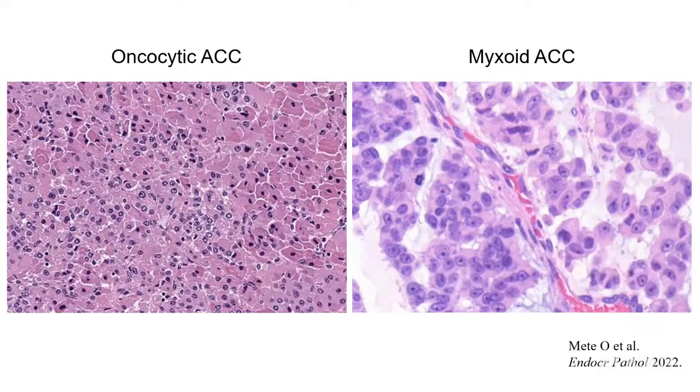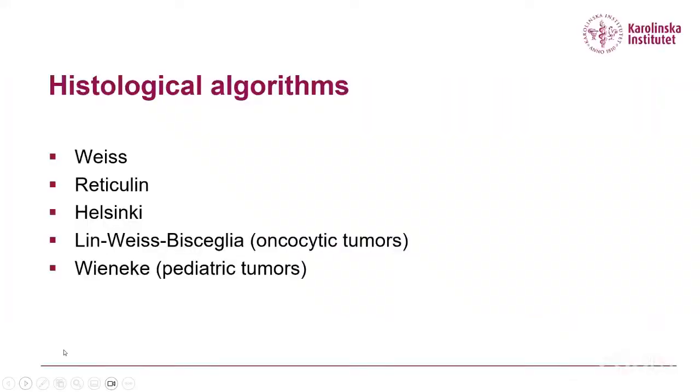On the right, you see the myxoid adrenocortical carcinoma, which might give rise to differential diagnostic difficulties, as the mucin might trick the pathologist into looking for a metastasis from another organ. This is especially complicated if the patient already has a diagnosis of adenocarcinoma or similar from another organ in the history, of course.